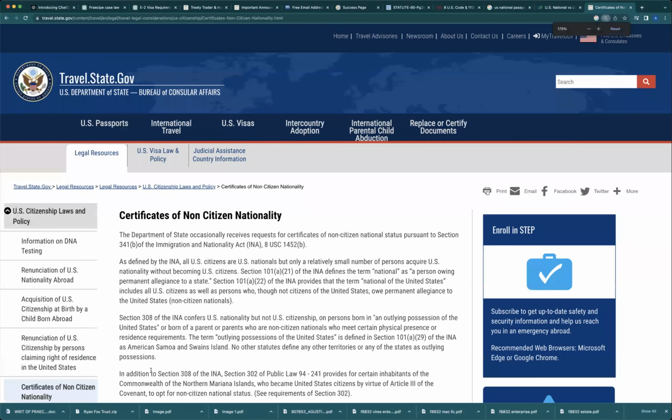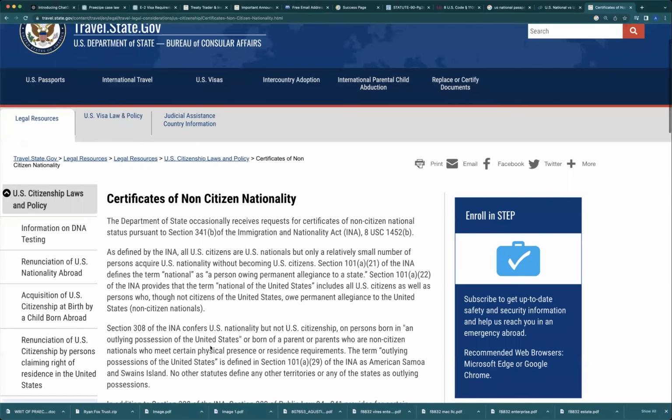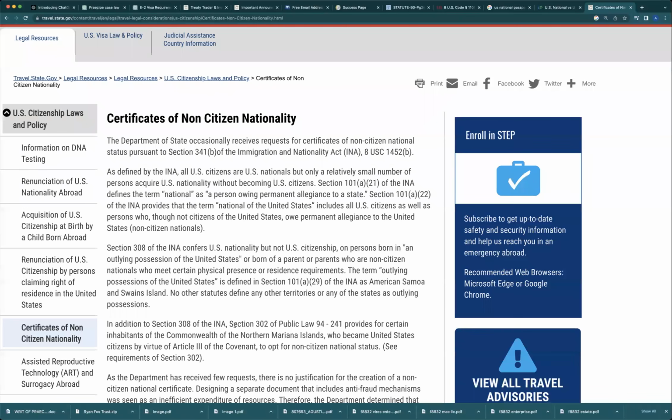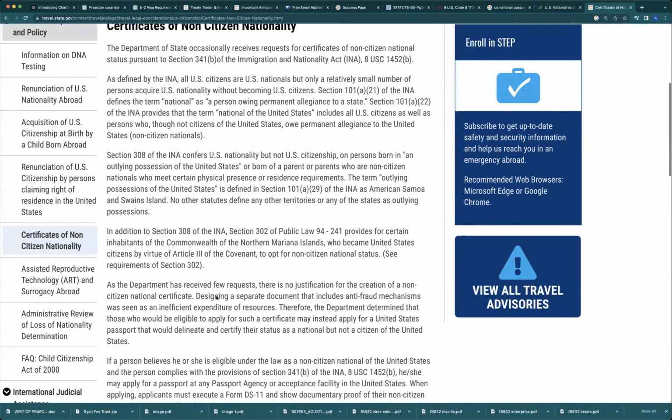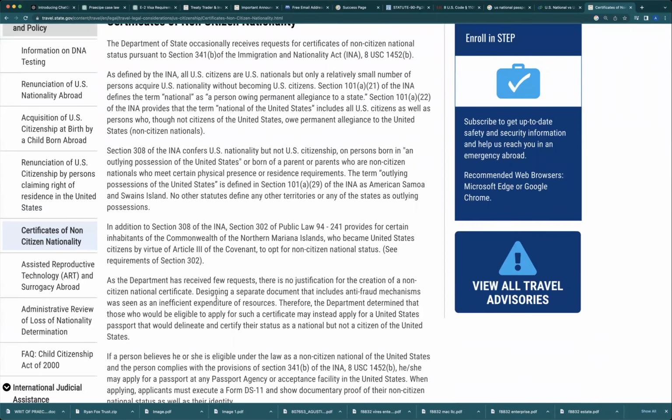Here's why you want to get a certificate. As you read throughout what this is from the Department of State, they're going to tell you some really unique information. I'm going to read from here.